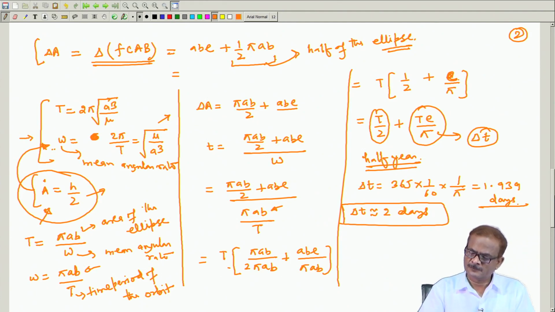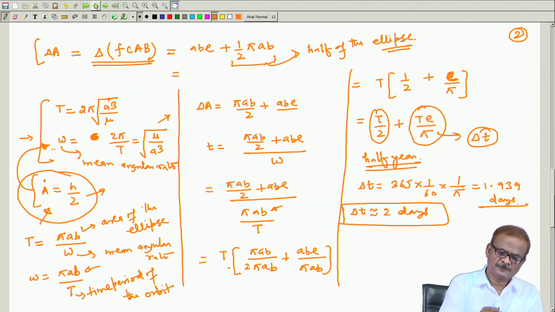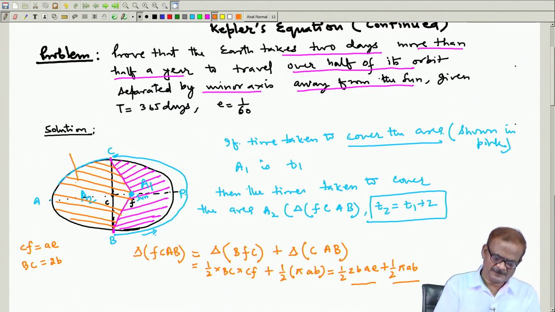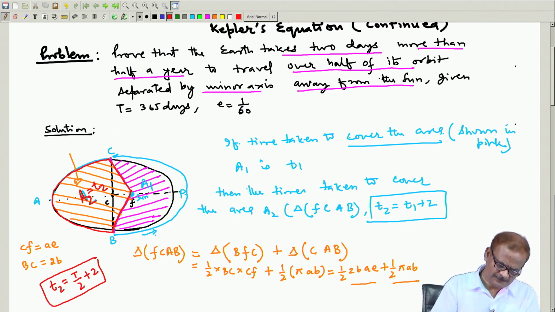It is going to take over half the year to cover the area which is hashed in orange in this place, which I have shown by A 2. Again I will draw this area and mark it by red boundary. You can see this area from here to here, to this place. So this is your A 2, and time taken to cover this is T 2, and T 2 is nothing but T by 2 plus 2 extra days approximately.